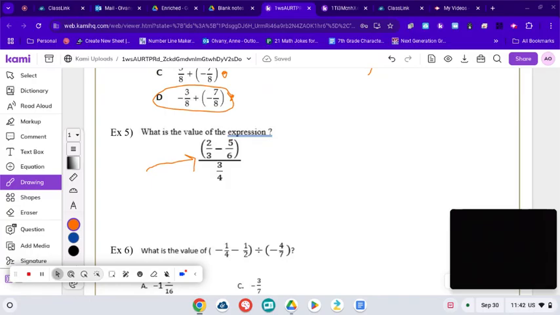Punch in your 2/3 minus fraction key, 5/6, hit the parenthesis. And now arrow down. You should have this in your numerator and just a blinking box in your denominator.